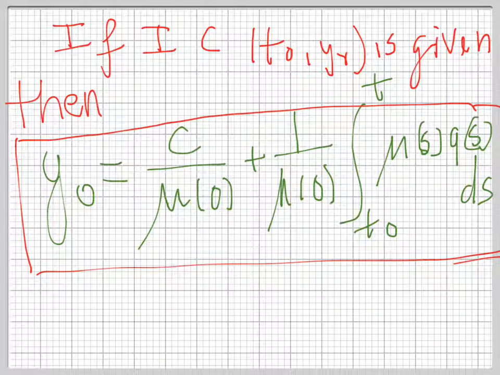Notice that the variable inside the integrals is replaced. We replace t by s as a dummy variable because you don't want to have a repeated independent variable in this integrand and also in the integral limit. Okay. All right.